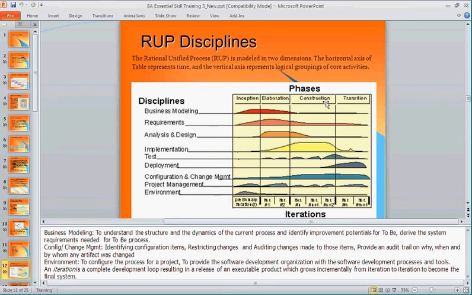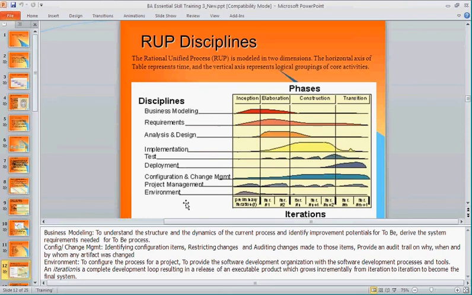Of course, you will take up time here, and then and only then do you go into the next phase, right? So we have our SDLC phases on the x-axis, and then we have all our process components or our discipline workflows on the y-axis, okay?